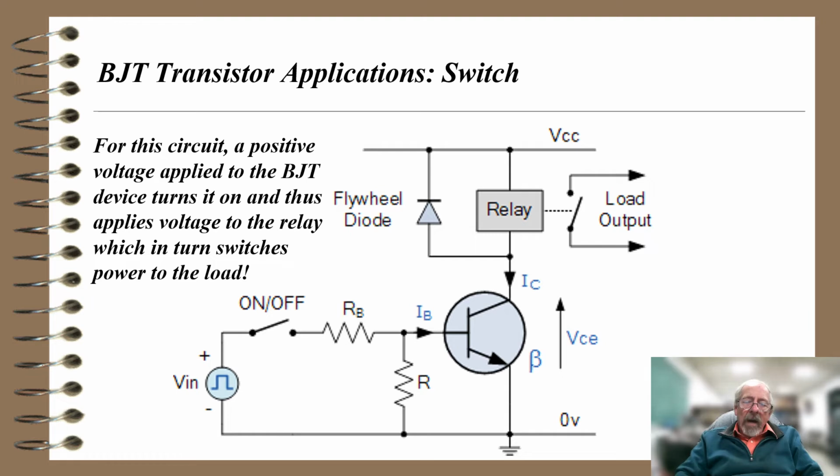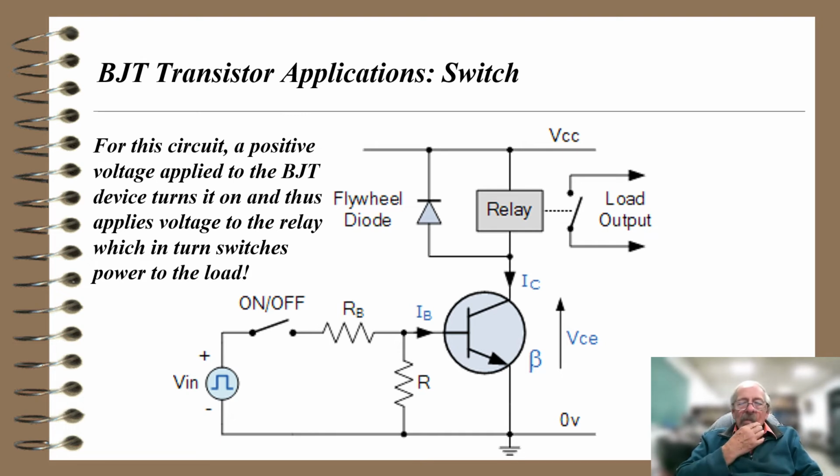We also like to use bipolar junction transistors as switches. So in this one, you see a relay above the transistor. There's a flywheel diode, in this case called flywheel, not a flyback, or what we called it before. It turns out that that is to protect the transistor when the relay field collapses real fast.